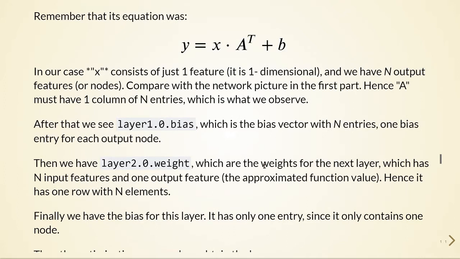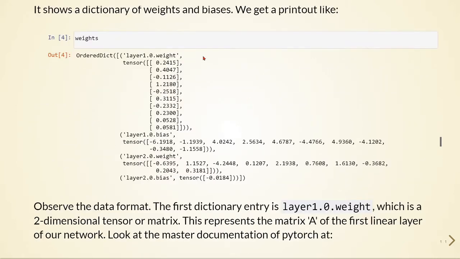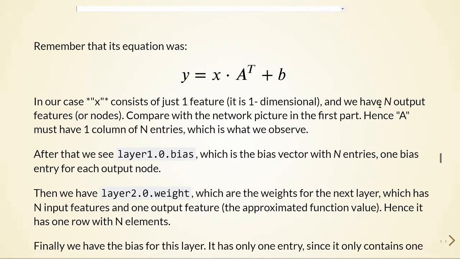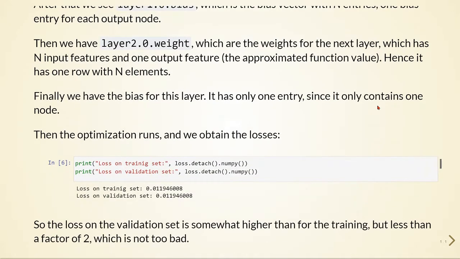And finally, we have the bias for this layer, and it has only one entry since it only contains one node. So that's what we see here. We have the weights for the first layer, the bias for the first layer, the weights for the second layer, and the bias for the second layer.